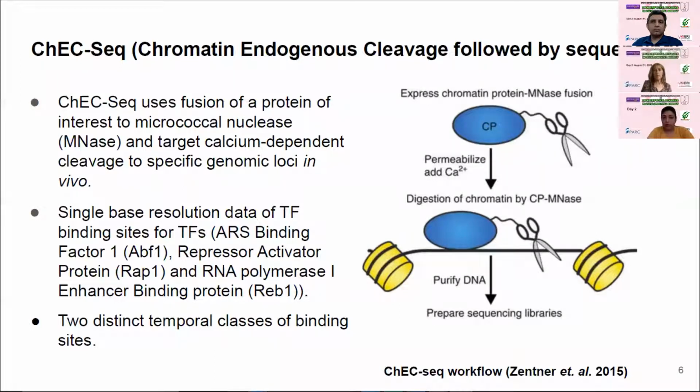I am talking about this here because I will be talking about fast and slow sites later, and this is the technique which gave the information about the temporal classes of binding sites. It gives single base pair resolution for transcription factor binding sites, and the data that I have used in my work is taken from this paper for the transcription factors ABF1, RAP1 and REB1.